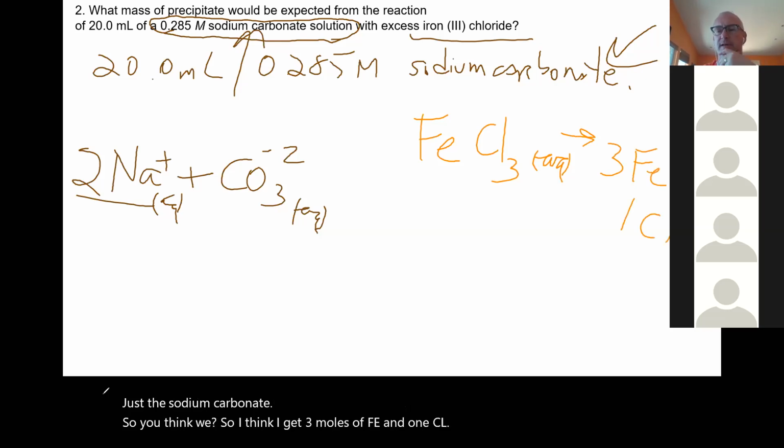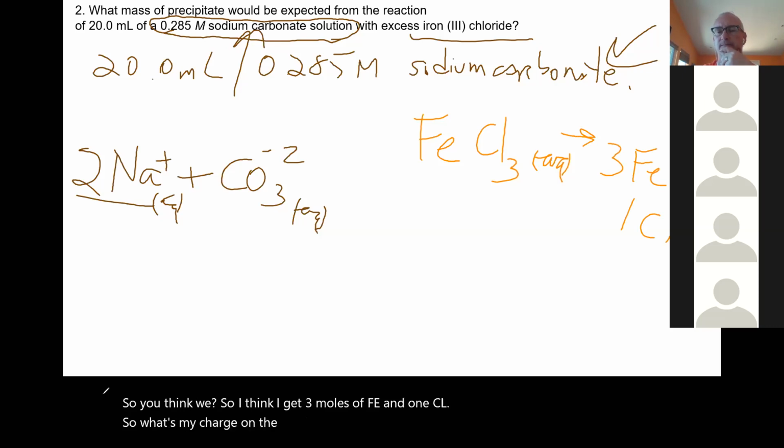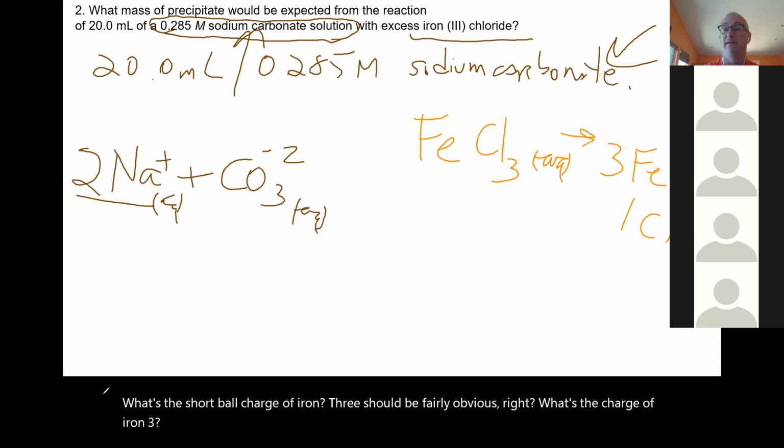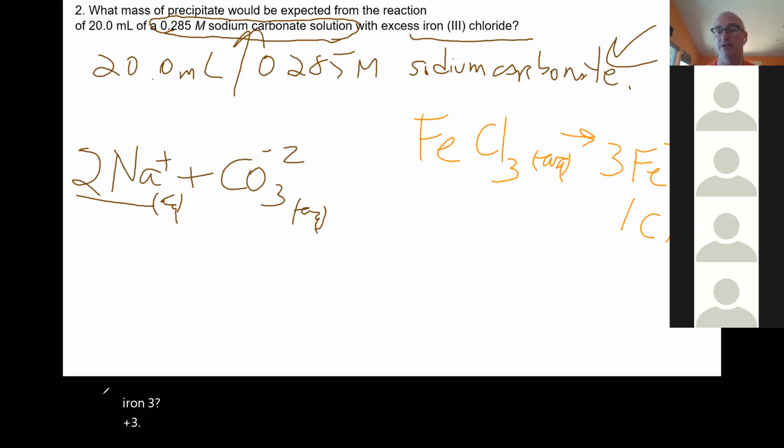So what's my charge on the iron? The charge of iron 3 should be fairly obvious, right? What's the charge of iron 3? Plus 3. And what's the charge on chloride? Negative 1, always, always, always.